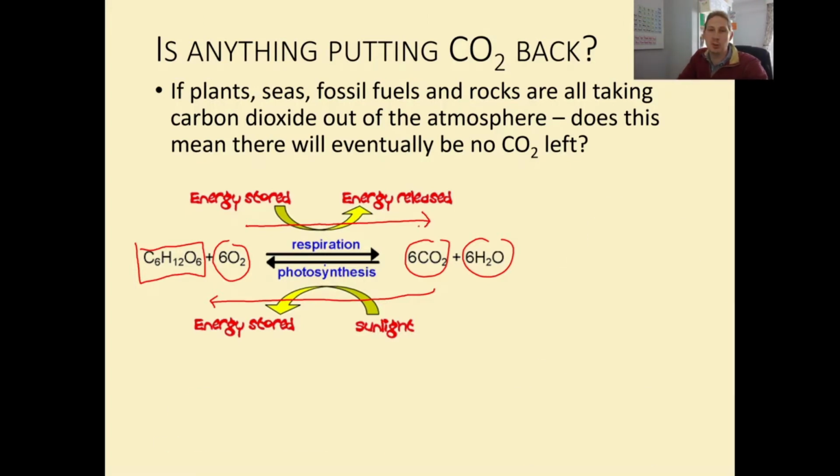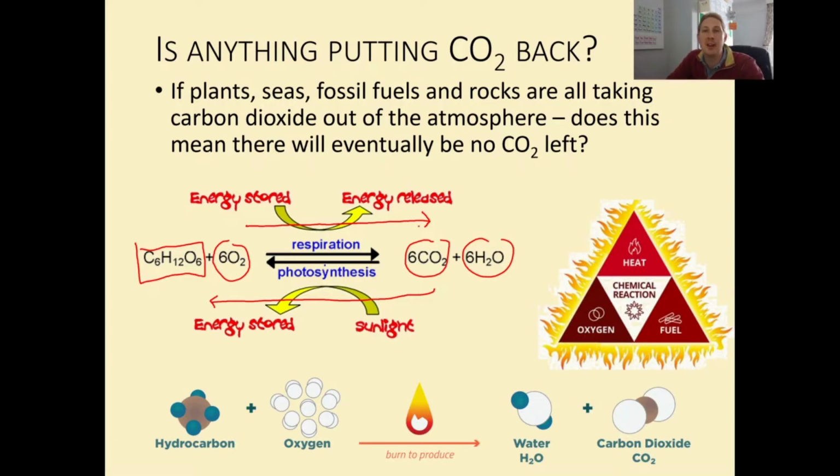Also, as I'm sure many of you are aware, whenever we burn a carbon-based fuel, so the fire triangle, combustion that you looked at back in Year 7, when we burn a hydrocarbon fuel with oxygen, we release water and carbon dioxide. So these two processes, respiration and combustion, are putting carbon dioxide back into the atmosphere.